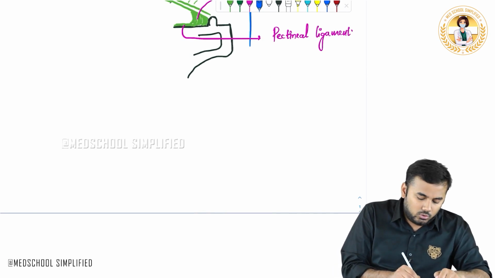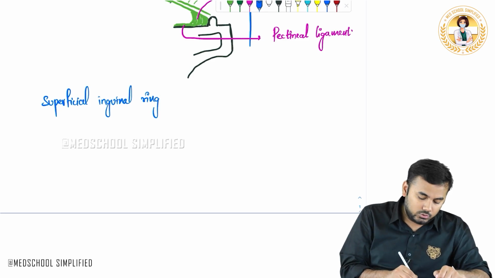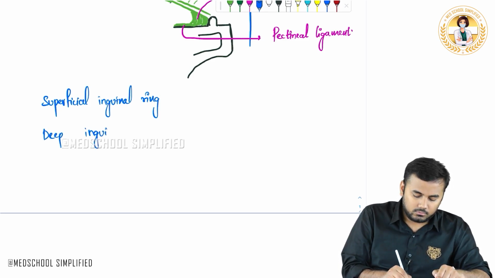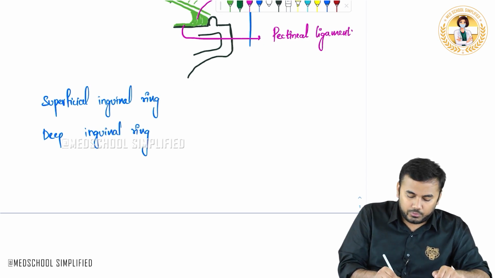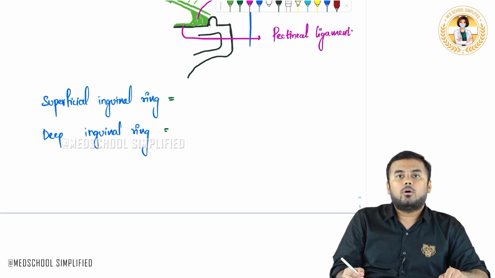So there are two rings, one is called the superficial inguinal ring, another ring is called the deep inguinal ring. So how is the superficial inguinal ring formed?